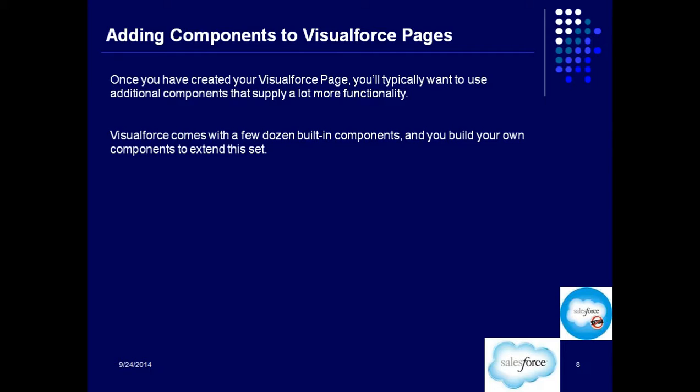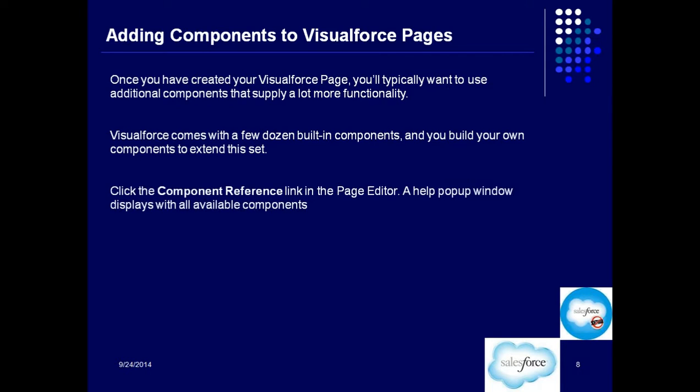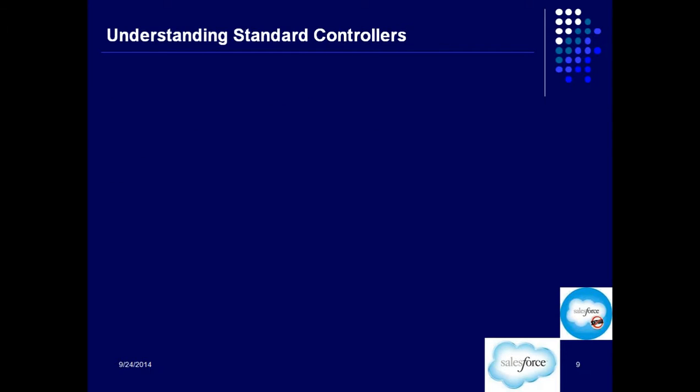So you can use the components which have been provided by Visualforce or Salesforce.com. In addition to those, you can always create your own components as well. Click the component reference link in the page editor. A help pop-up window will display with all available components. Okay, so component is that.